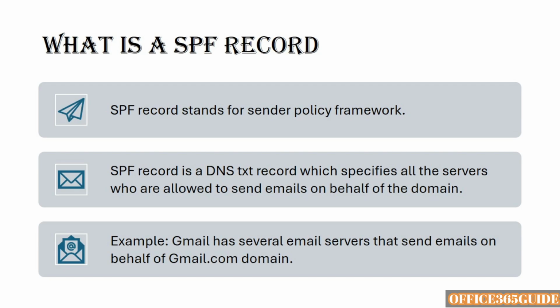So basically, this SPF record contains information about the sending servers, which are actually valid senders for a domain. For instance, Gmail would have a SPF record that has all the sending servers. It may contain the IP addresses or DNS names. We will see that in the next slide.